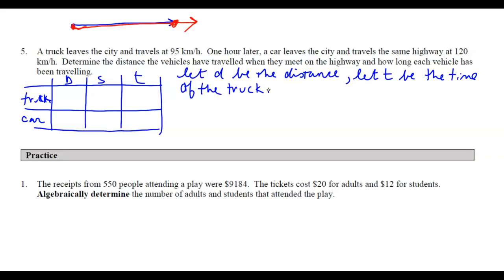So when they meet here, have they traveled the same distance? Yes, because they're catching up. So this is D, and this is D. Now the truck travels at 95, and the car travels at 120.